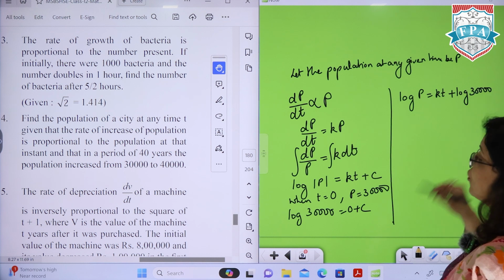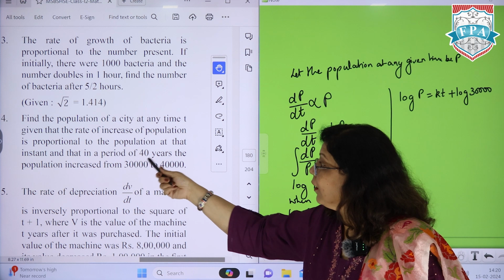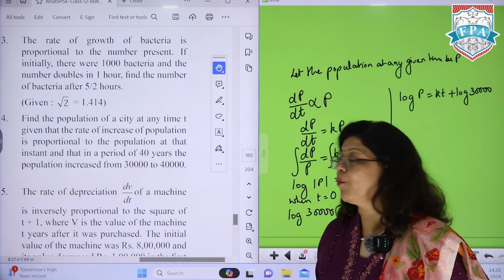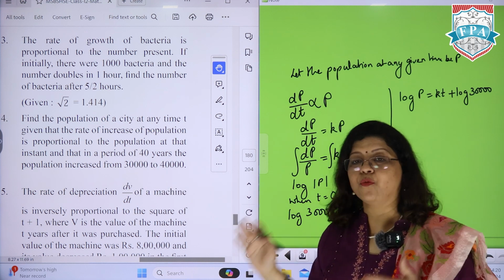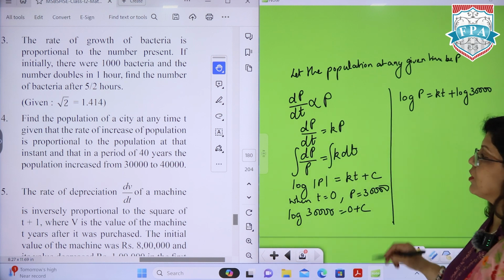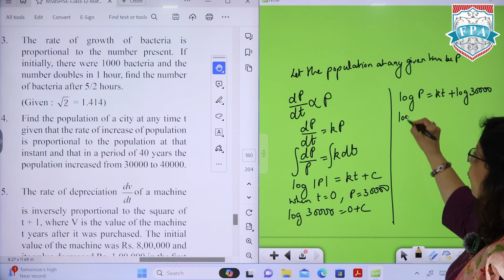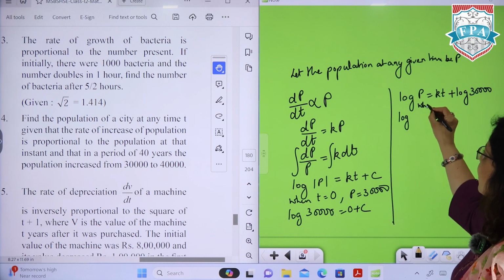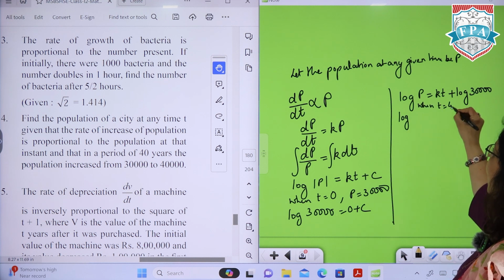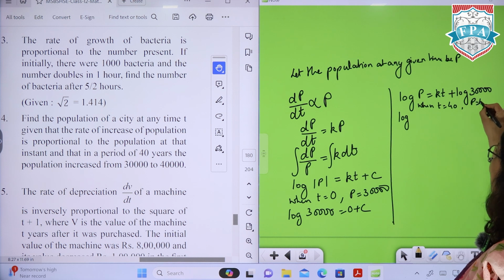Now the second stage: in a period of 40 years the population increased from 30,000 to 40,000. We use this to find the variable k, because k is still missing. So after 40 years, when t is 40, what is your p? That is 40,000.